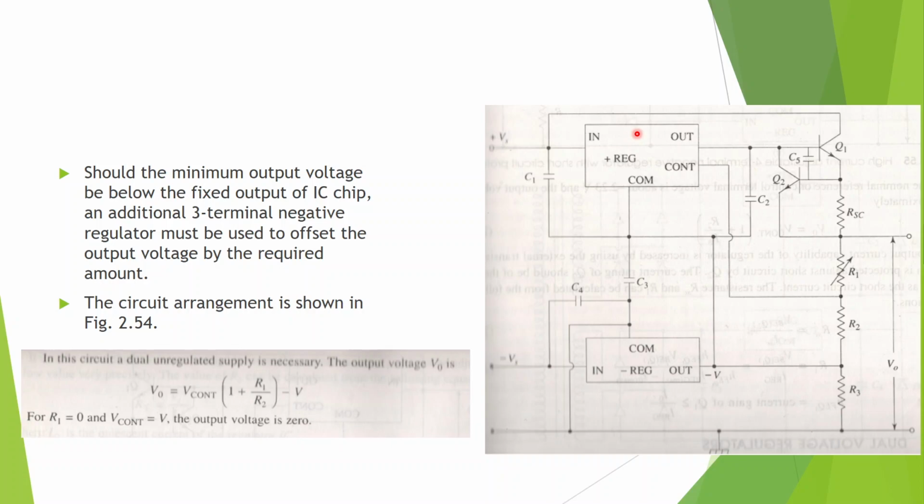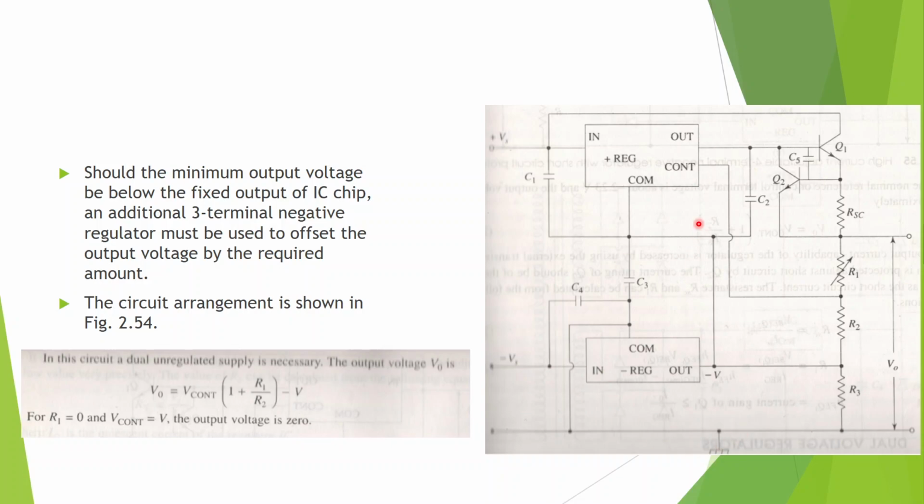You add an additional 3-terminal negative regulator so that the output that you get is the sum of the output of the positive regulator and the negative regulator. In our example, the output of the positive regulator will be 5 volt, the output of your negative regulator will be minus 2 volt. So finally you will get an output voltage of plus 3 volt.